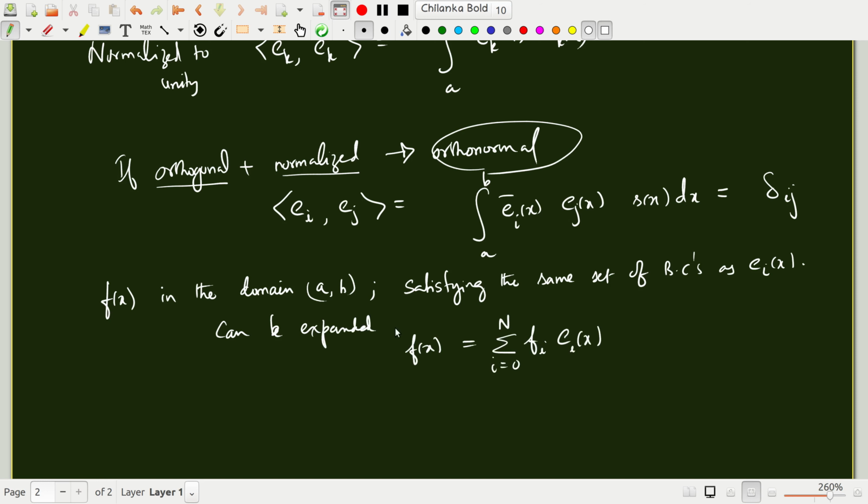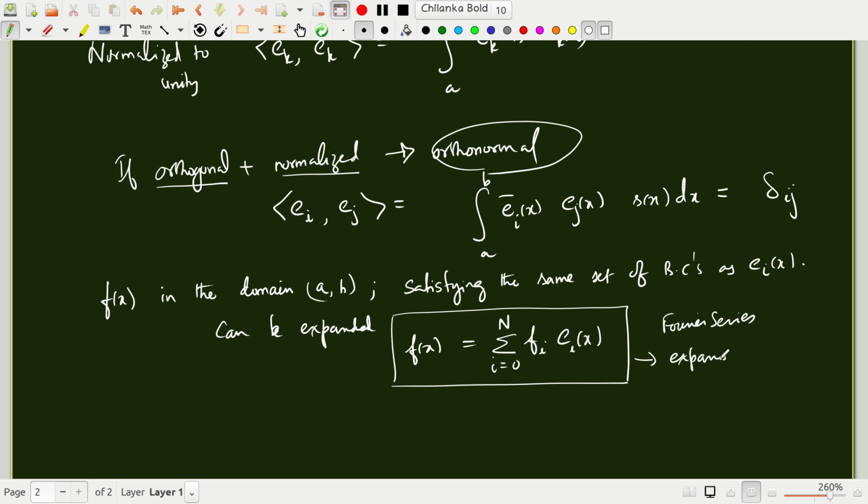Okay, and this is the basis of Fourier series, for example, but more generally this expansion of a function in terms of orthonormal eigenfunctions is called eigenfunction expansion.